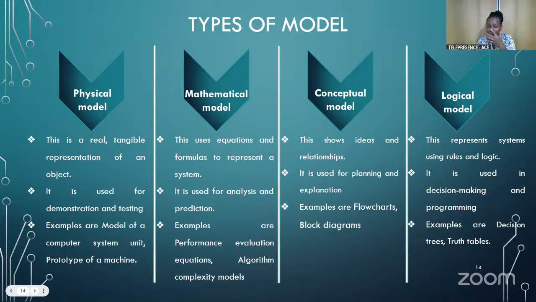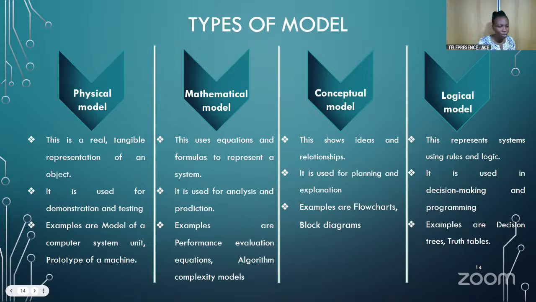That is why when we're talking about the decision making process using that, what's the name? That symbol, rhombus or diamond, you'll see that there was an arrow that leads to yes and there was another arrow that leads to no. So logical models represent systems using rules and logic. So when we are talking about logic, we're talking about maybe true or false.